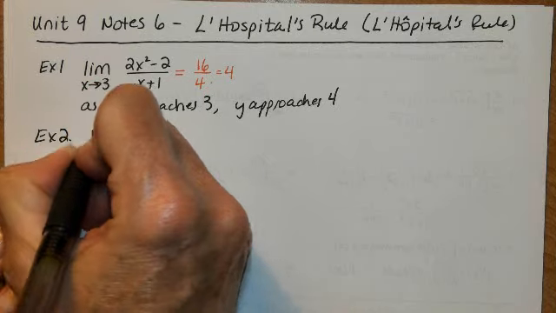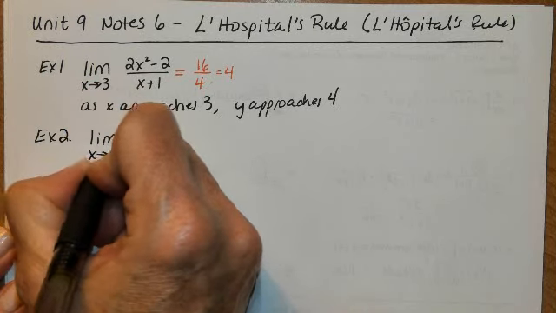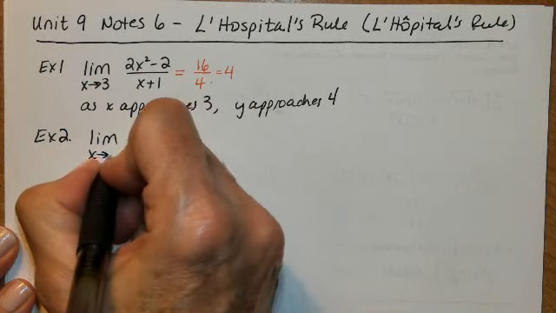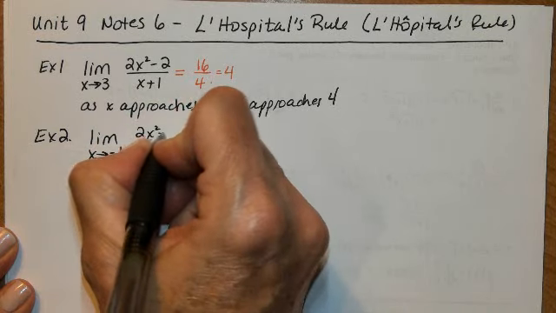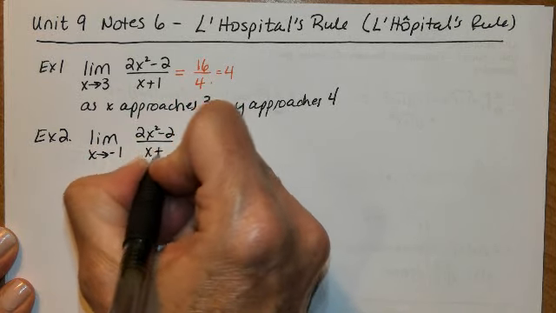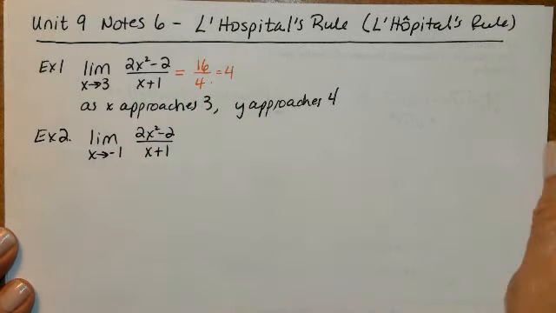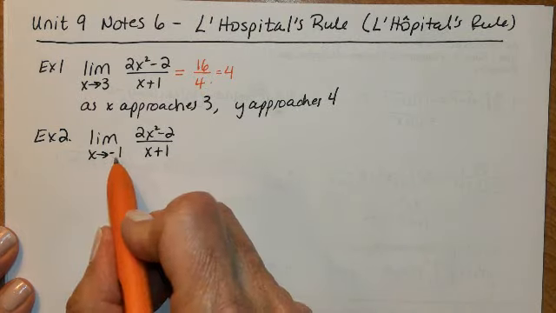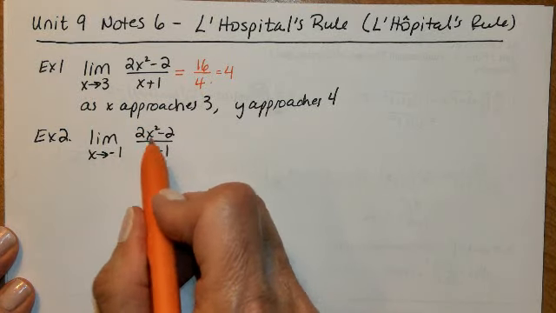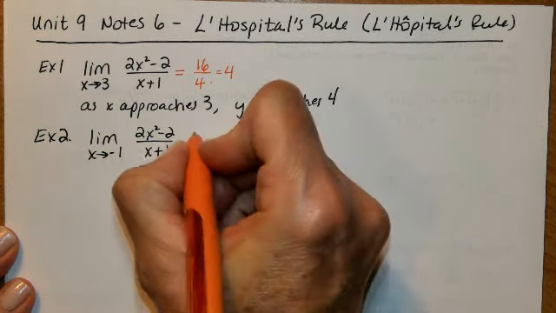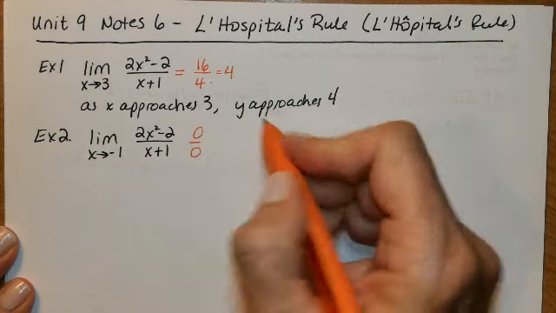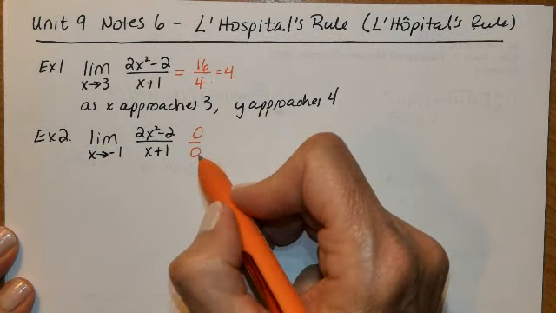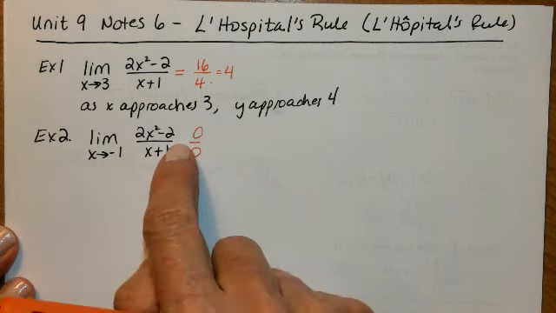Let's take a look at this one. Let's take that same function, but this time let's go to -1. In this case, if we plug in -1 for x, we get 2 minus 2, which is 0, and -1 plus 1, which is also 0. That is not a number, so do not put an equal to sign.